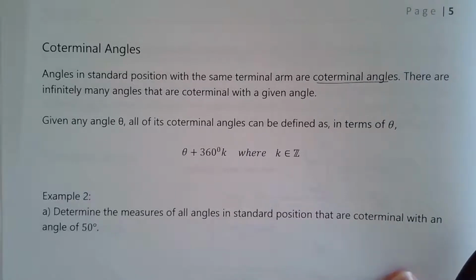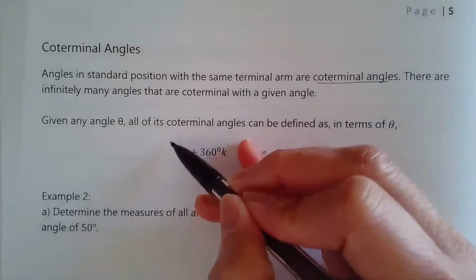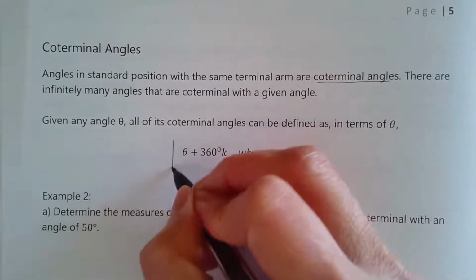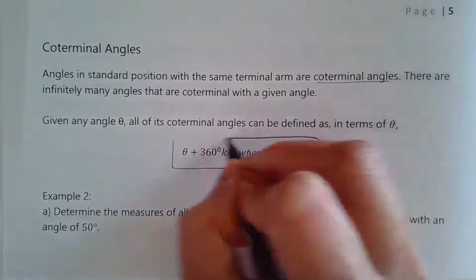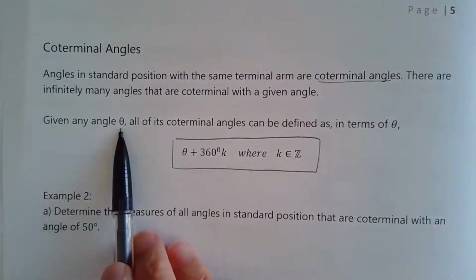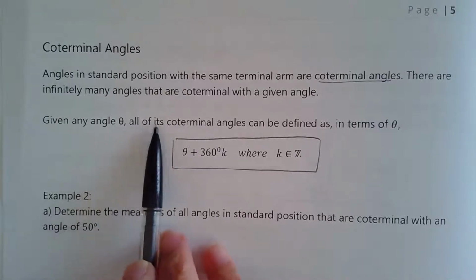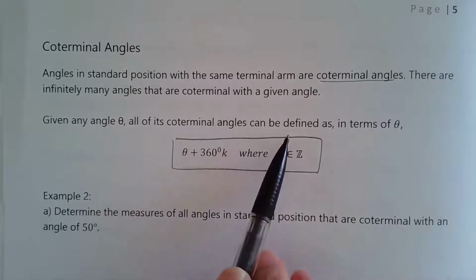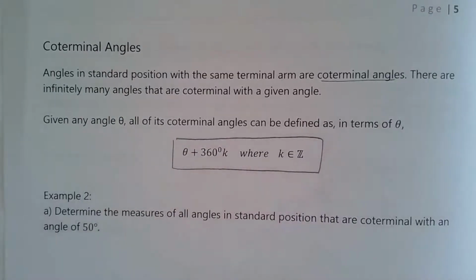This is important, so I'm going to put a star beside it and box this. Okay, so it says here, given any angle theta, so if you could think of any angle, and we call it theta, all of its coterminal angles can be defined in terms of theta. So what does that mean?